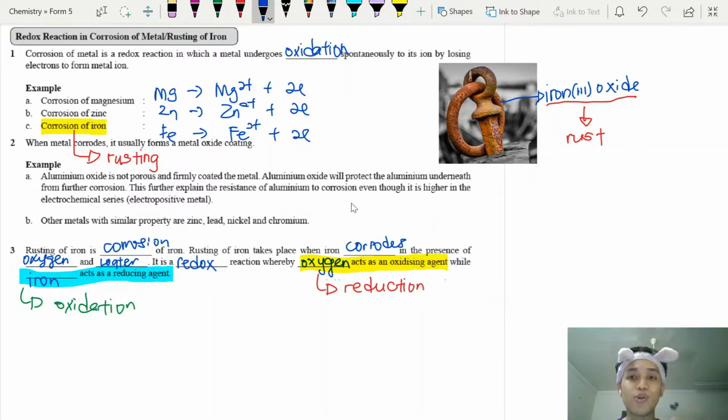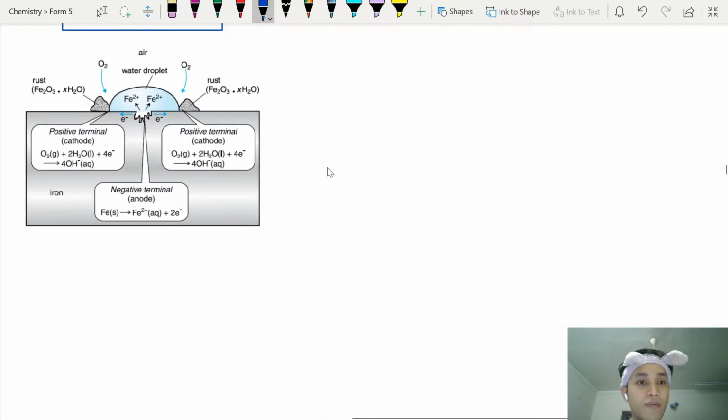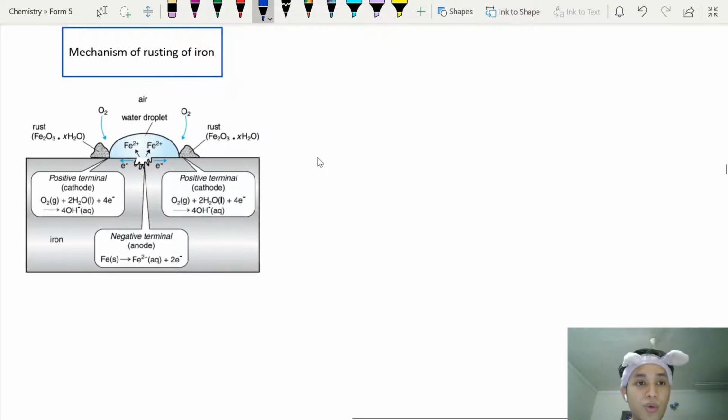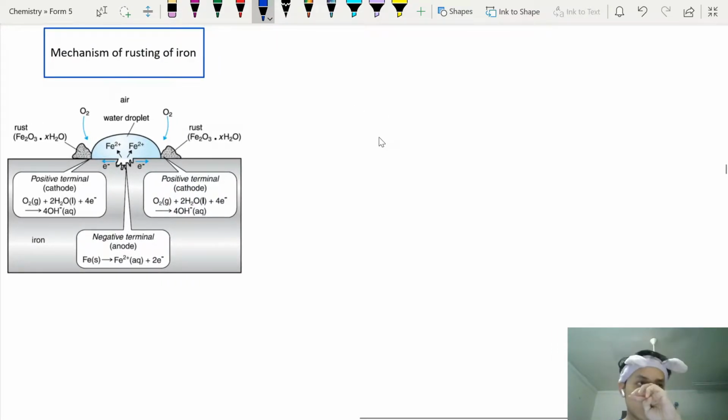Now I'm going to show you the stages of your rusting, the mechanism of your rusting. You need to know the whole story, because this can be asked in your SPM paper 2, your essay part. So you need to know the whole storyline.